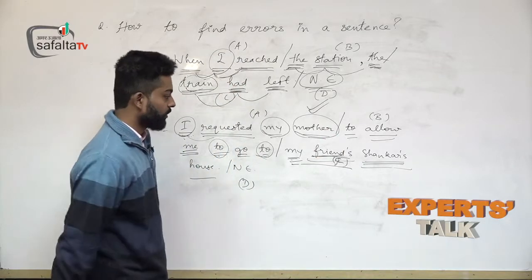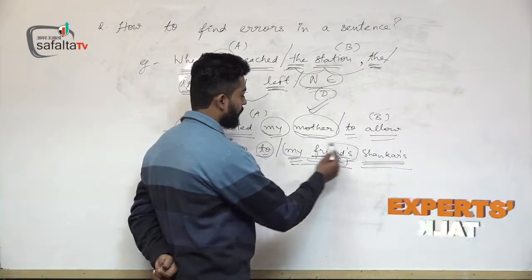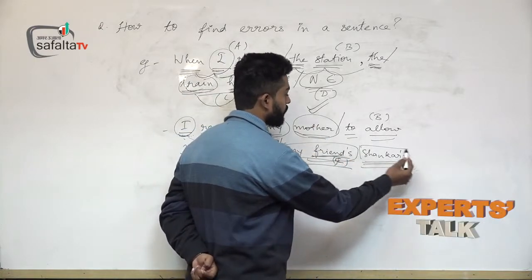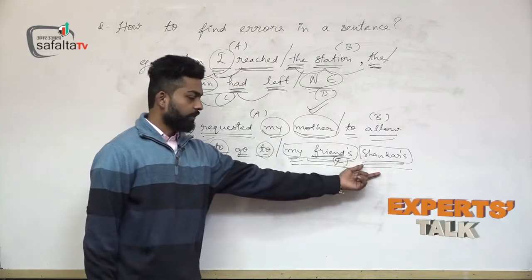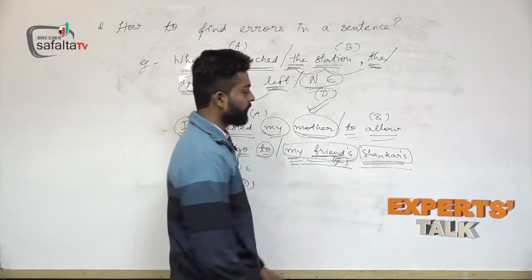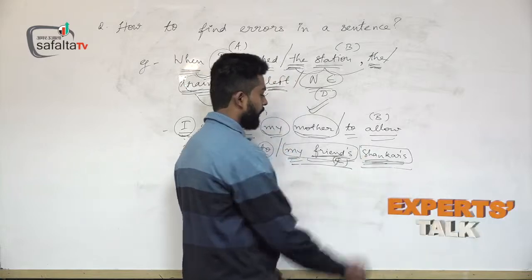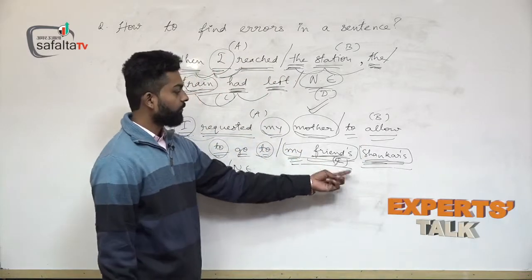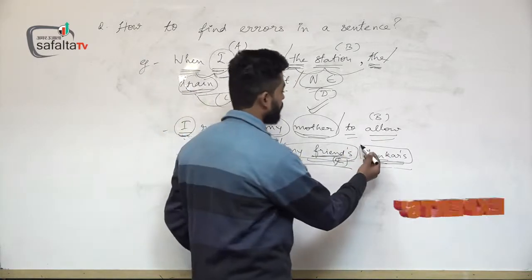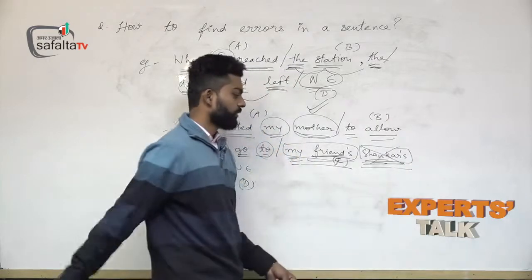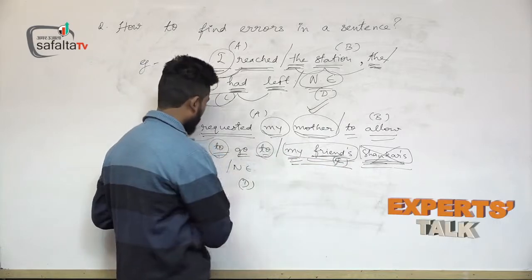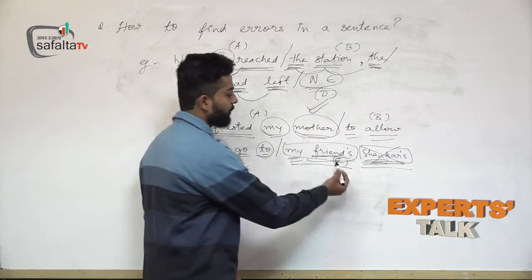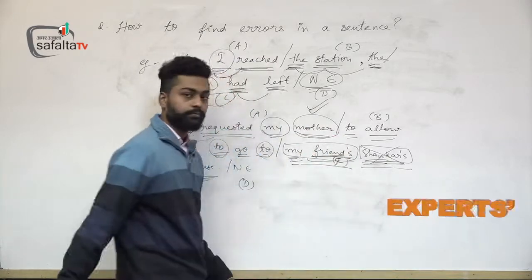There are two similar words. First is my friend and then the name of the friend, Shankar. So if there is the name of the friend, then we will use apostrophe s with the name and not with friend. If this name was not there, if there is only my friend's house, then you can use apostrophe s with friend.